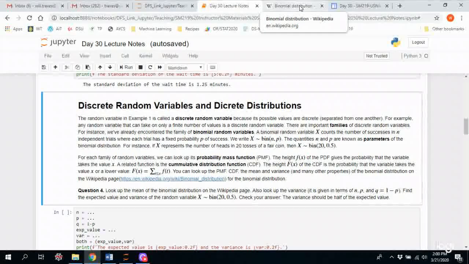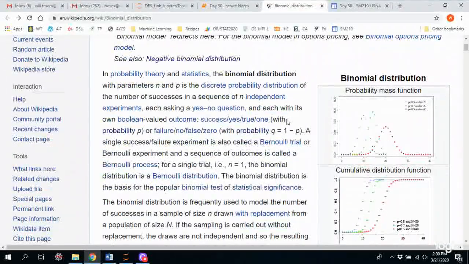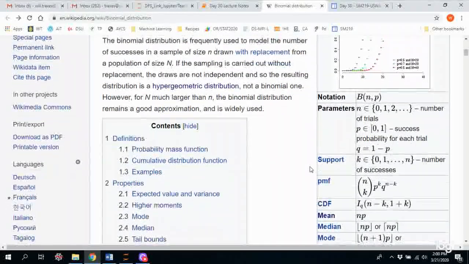Here it is. And the fourth question here, it says, look up the mean of the binomial distribution, also look up the variance, and find the expected value and variance of the random variable, which has n equal to 20 and p equal 0.5. Okay, so we go to the binomial distribution, and there's a lot of text here, but fortunately here on the right, there's some summary stuff.